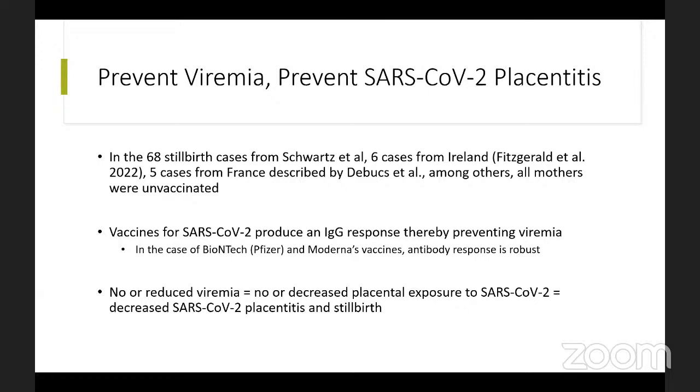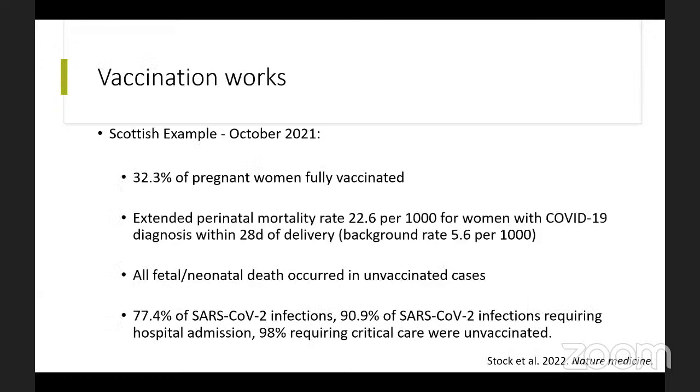We know that vaccines for SARS-CoV-2 are really good at producing an IgG response, and IgG responses are responsible for preventing viremia. In the case of the BioNTech/Pfizer and Moderna vaccines, this antibody response is really robust. So theoretically, vaccines should cause no or reduced viremia, which means coronavirus exposure to the placenta itself shouldn't occur, and ultimately vaccination should decrease SARS-CoV-2 placentitis and stillbirth risk.